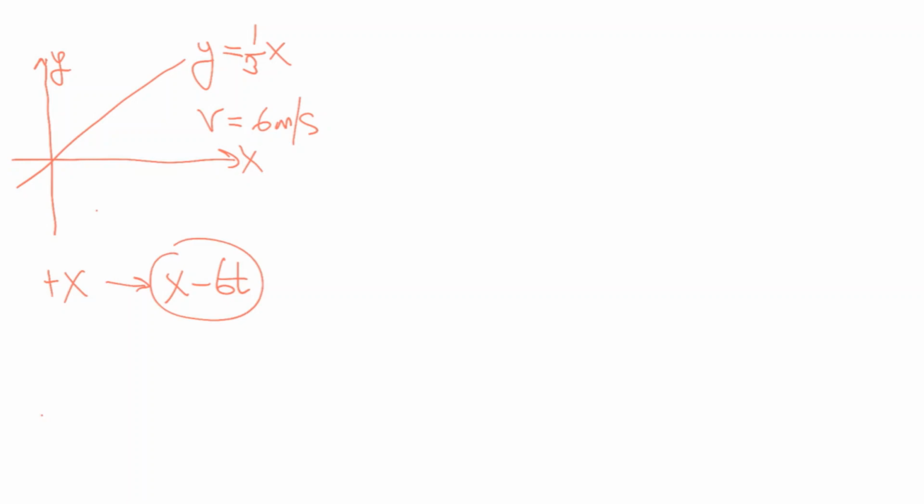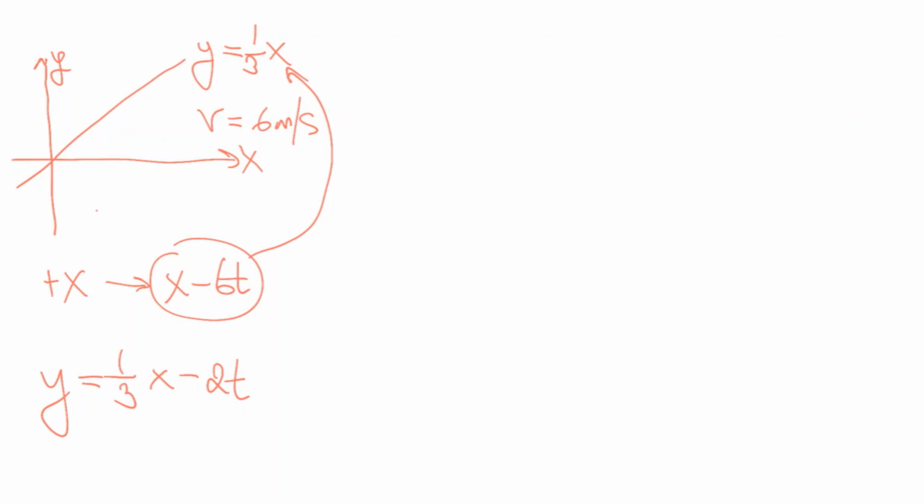If I plug it into this equation instead of x, the equation of my movement will be y = 1/3 of (x minus 6t). If I multiply it by 1/3, the 6 is simplified by 3 and it gets minus 2t. So now that's the equation of my movement.